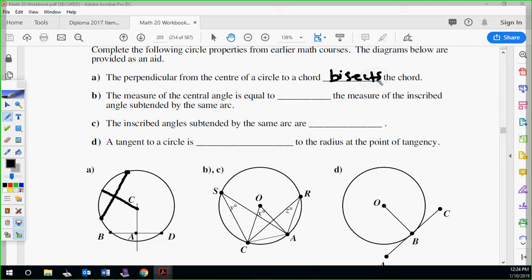The measure of the central angle is equal to blank the measure of the inscribed angle. Remember the relationship, this is also from Math 9. Inscribed angles are just angles that are across the circle. Central is coming from the center. So what's the relationship of YZ to X?